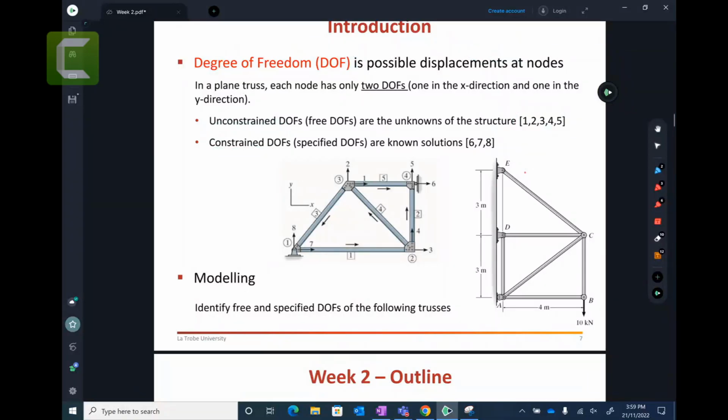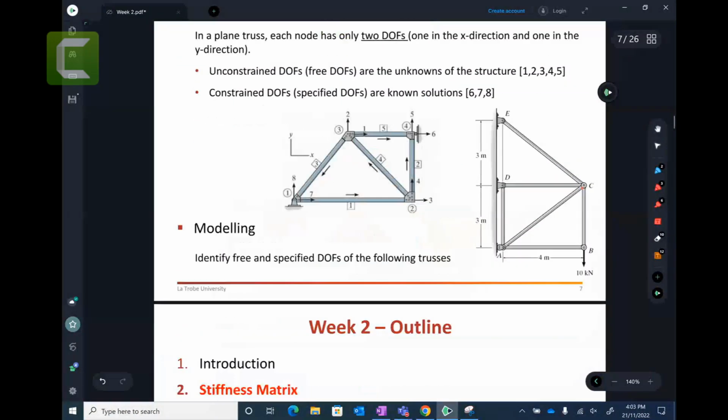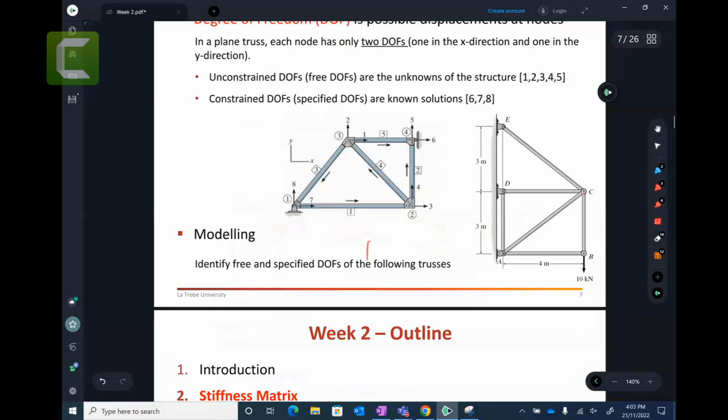Now, these figures here, students, tell me what is the total degrees of freedom here? Work it out. OK, so here you have said the total is 10. So probably this one is 2 free degrees of freedom. Here 2 free. This one is 2 fixed because it is a pin.